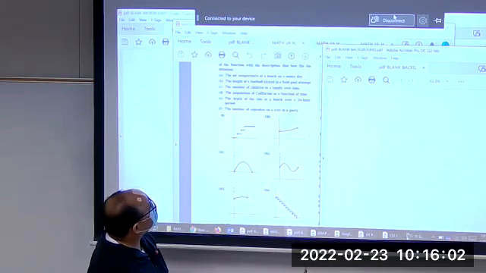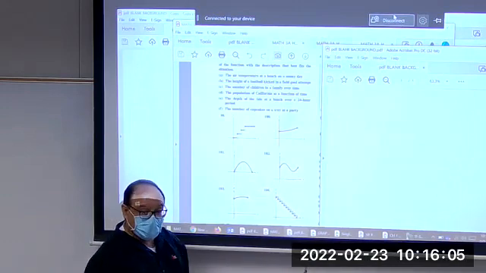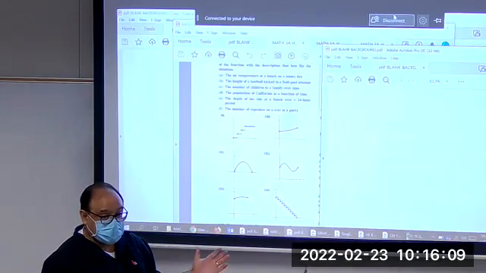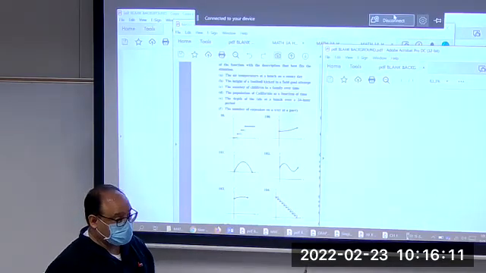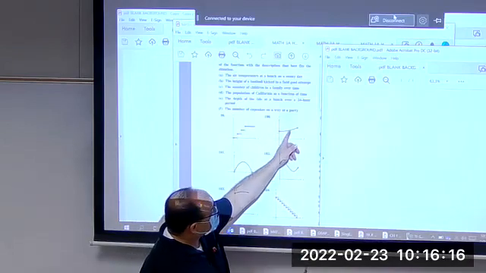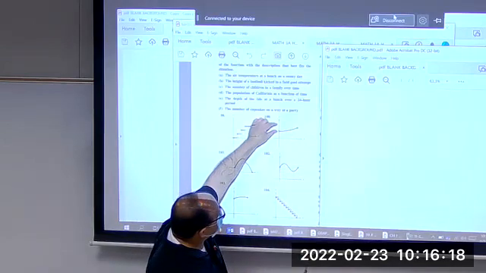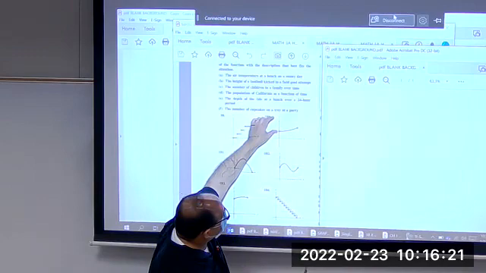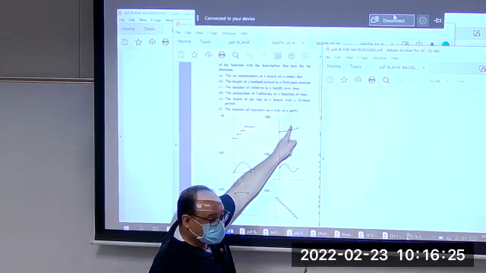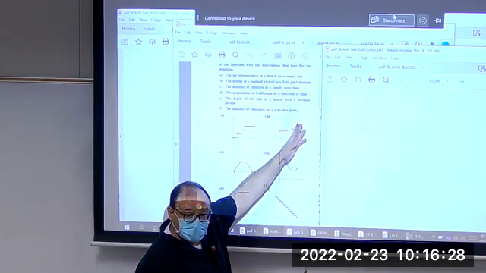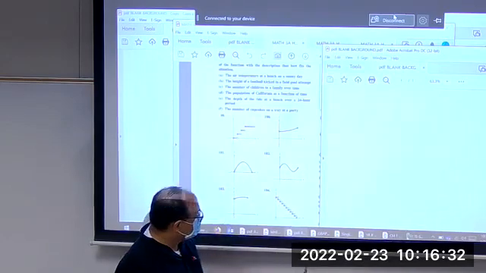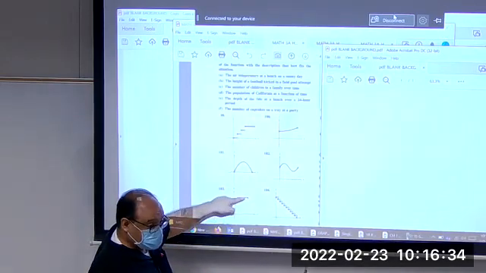And then C, the number of children in a family over time. So let's hope none of the kids die. Children increase, but that means, let's say this is 3 kids and that's 5 kids. Are you going to have like 3.1, 3.2, 3.3 kids? No. I certainly hope nobody dies.